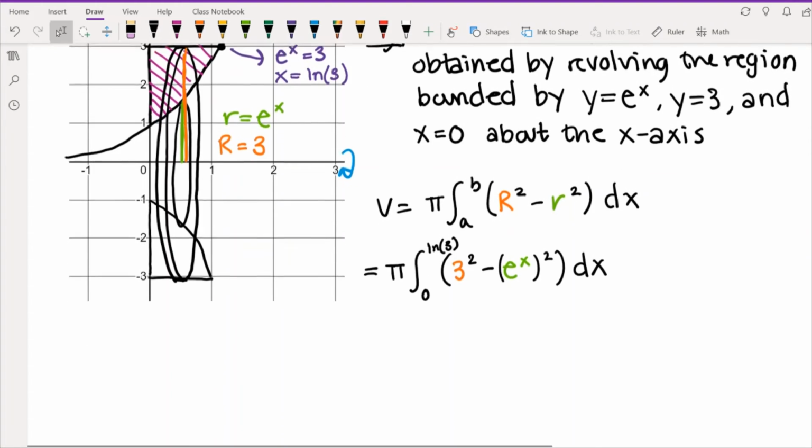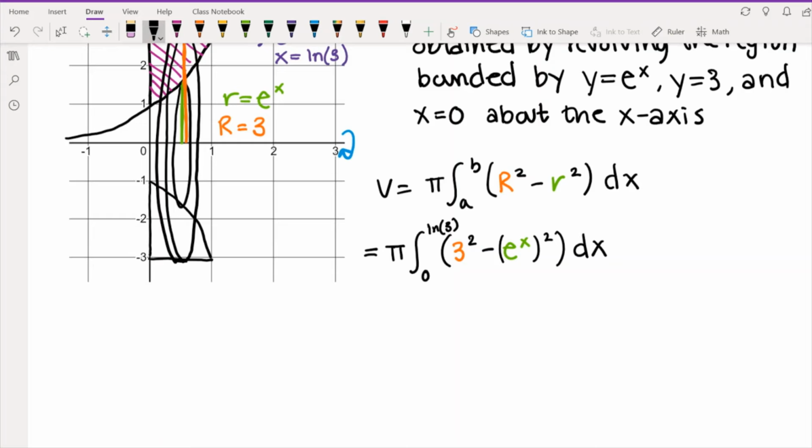Okay, so let's go and actually evaluate this integral. So we're going to have pi times the integral from 0 to ln of 3 of 9 minus e to the 2x dx. So when we go and find the antiderivative, this is an example of one where you could use u substitution.